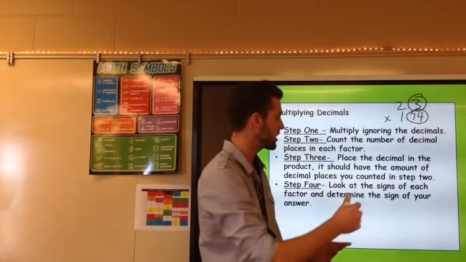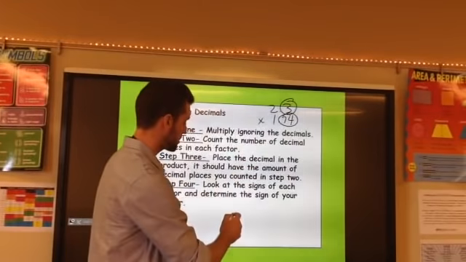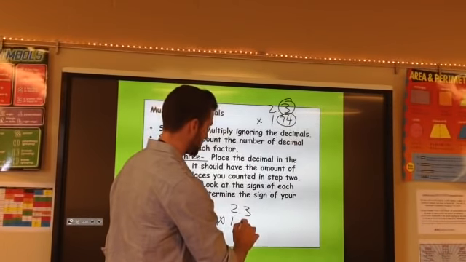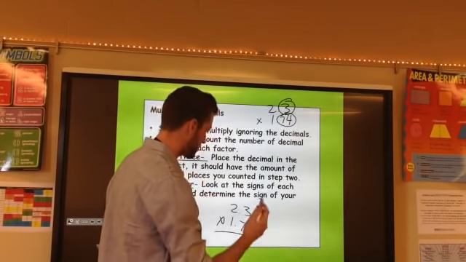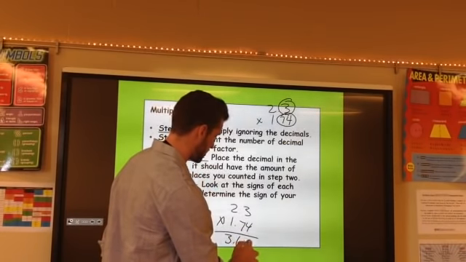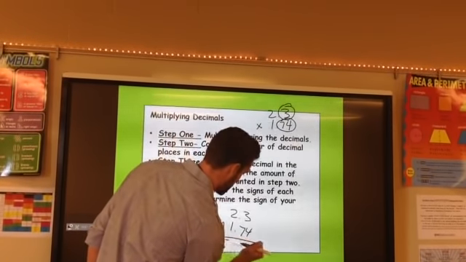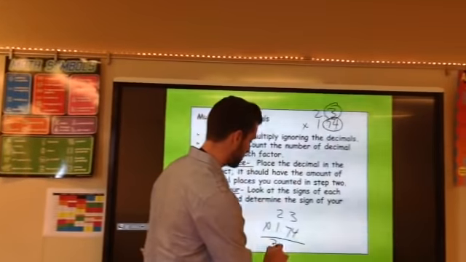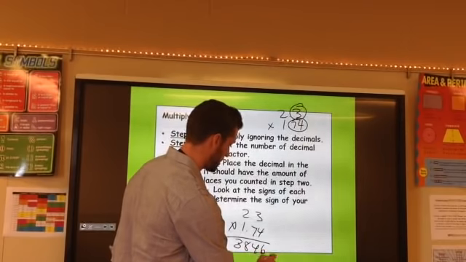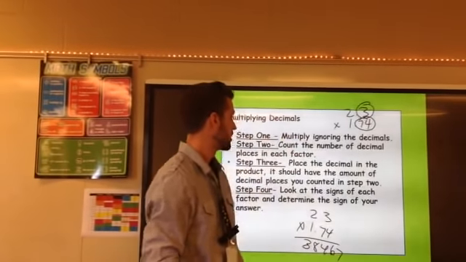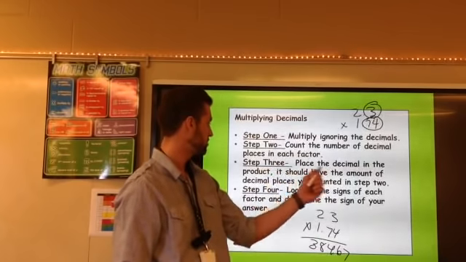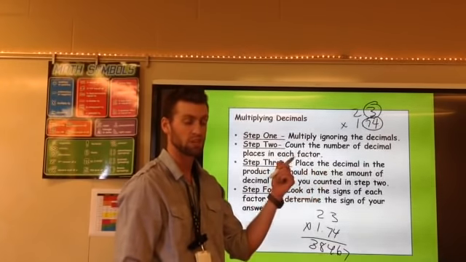Step 3, once you get an answer, let's use that same example here, 2.3 times 1.74. Let's say we just multiply like normal, and let's say the answer is 38467. Okay? Step 3 says place the decimal in the product. It should have the amount of decimal places you counted in step 2.